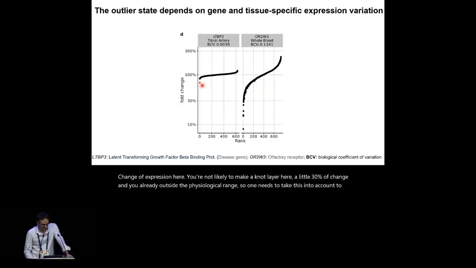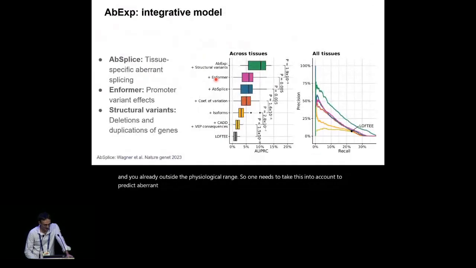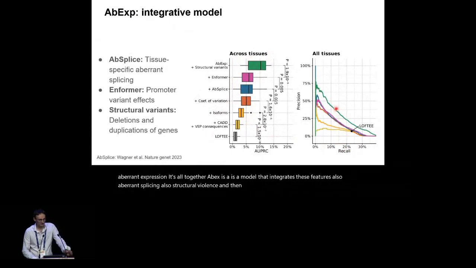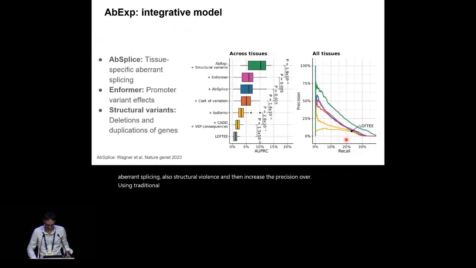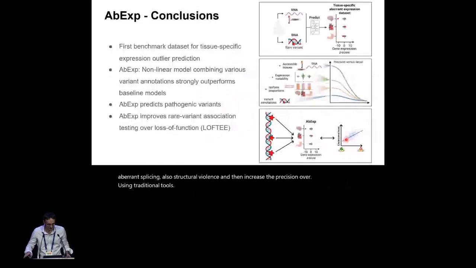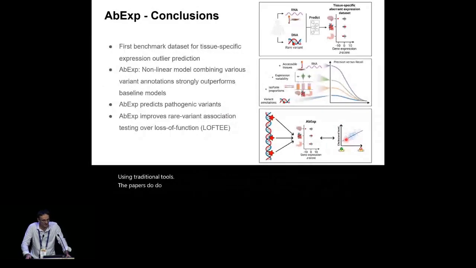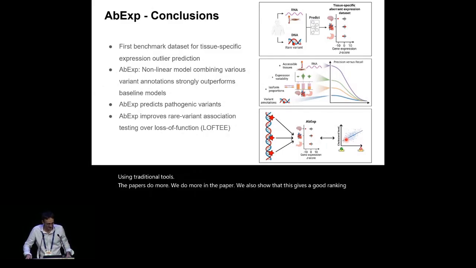to predict aberrant expression. And so altogether, ABEXP is a model that integrates these features, also aberrant splicing, also structural variants, and then increases the precision over using traditional tools. The paper does more. We also show that this gives a good ranking of pathogenic variants in ClinVar.